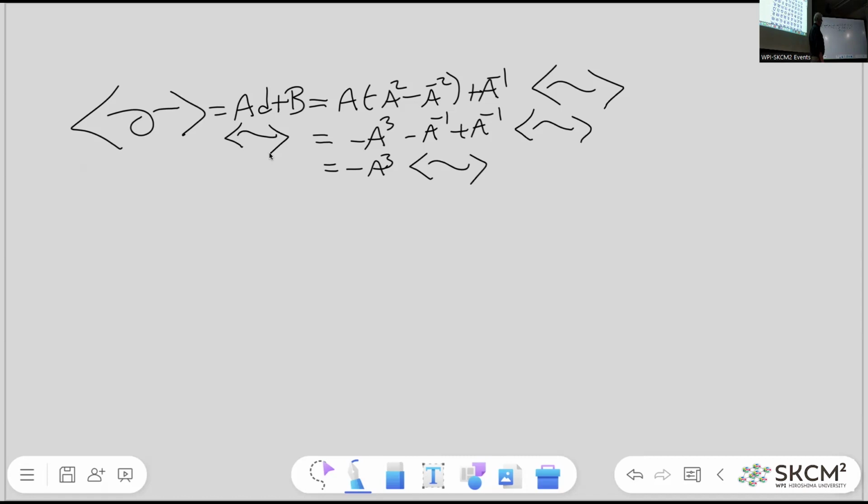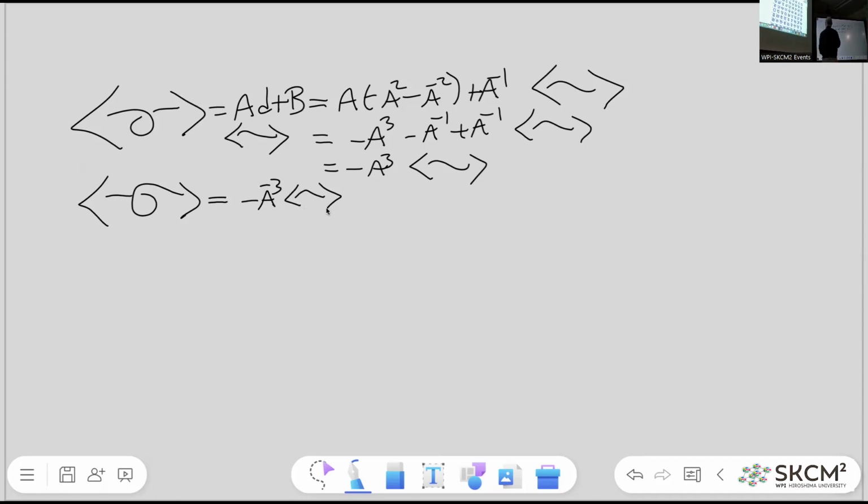So we get minus A cubed times a bit of line without any extra curl. And if the curl goes the other way, then it will come out minus A to the minus 3, as I'm sure you can check. So we have these two rules for how it behaves under the first Reidemeister move. It multiplies by either minus A cubed or the inverse of minus A cubed.